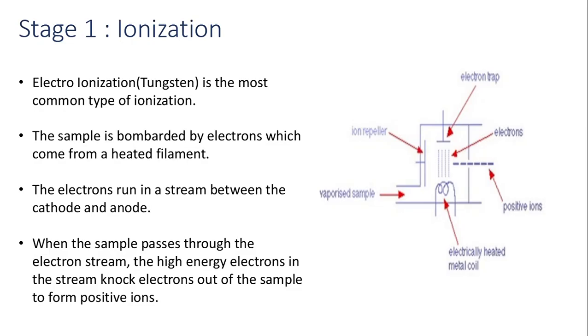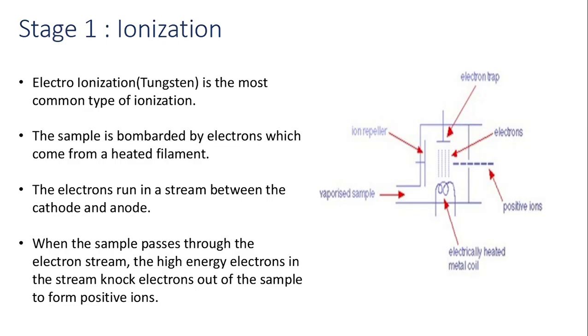Okay. Then stage 1, ionization. Electron ionization is the most common type of ionization used in mass spectrometry. The sample is bombarded by electrons which come from a heated filament. The electrons run in a stream between the cathode and anode. You can see in the right side image the same written here.